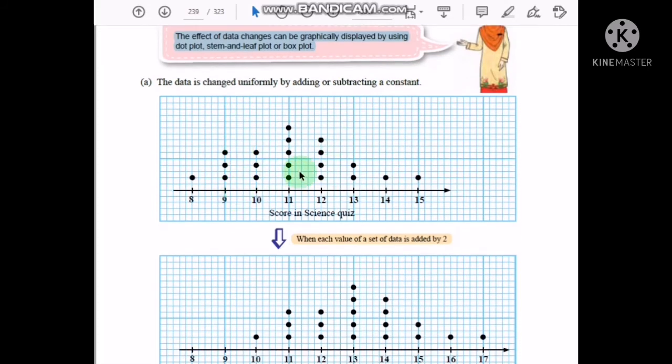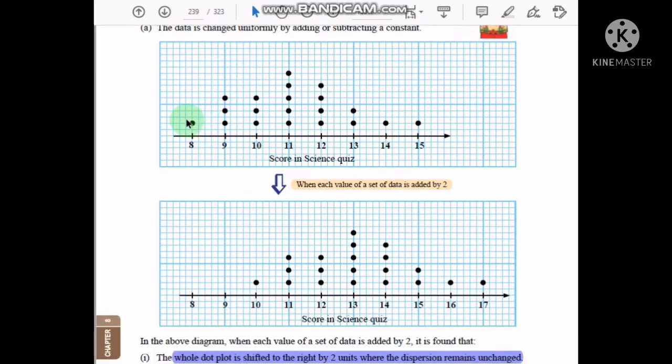When each value of a set of data is added by 2, 8 plus 2, you will get 10. 9 plus 2, you will get 11. 10 plus 2, you will get 12, like this. So this is the whole dot plot.